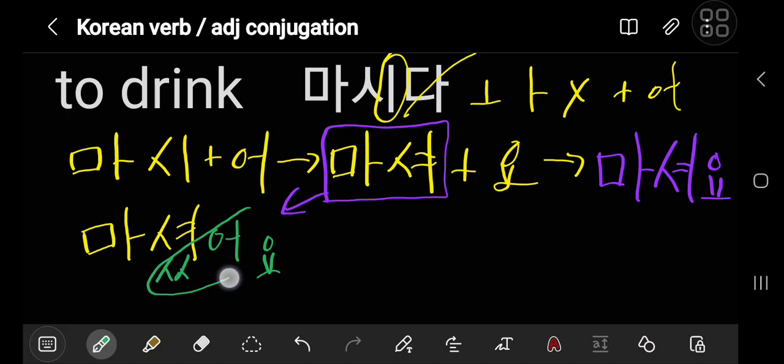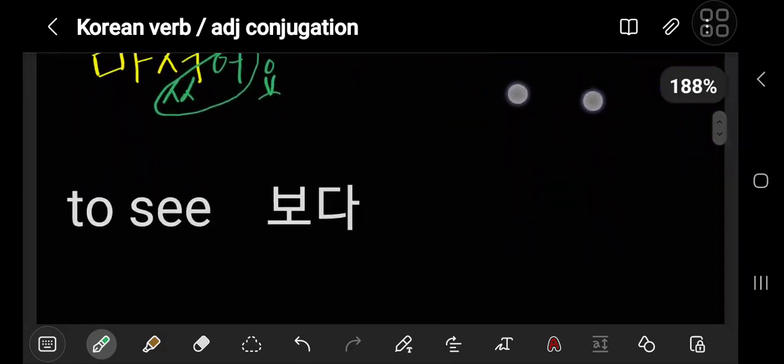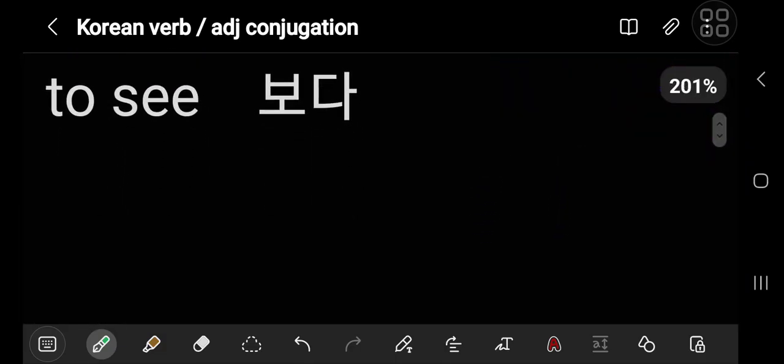So remember our past tense is here. So 마셨어요. 마셨어요. So yesterday, what did you 마셨어요? Yesterday, what did you drink? Like, yesterday I 마셨어요 some poison. That's why I'm not feeling so good. Yeah, don't do that, of course. So 마셨어요 is the past tense. I drank. And there we go.